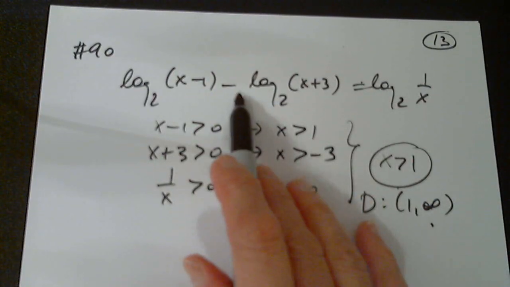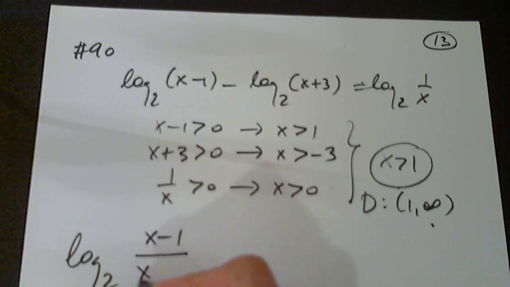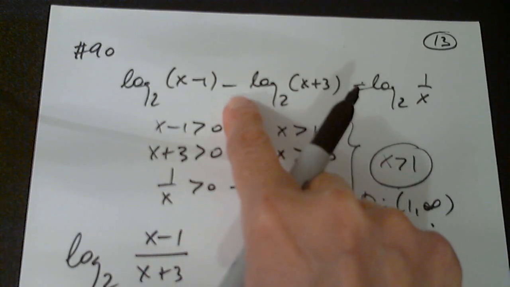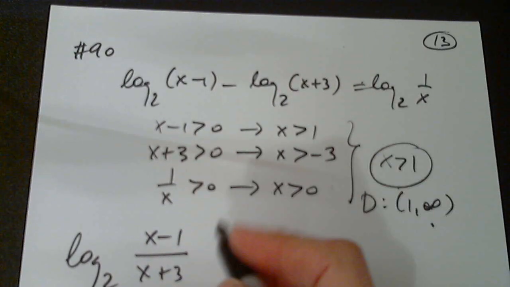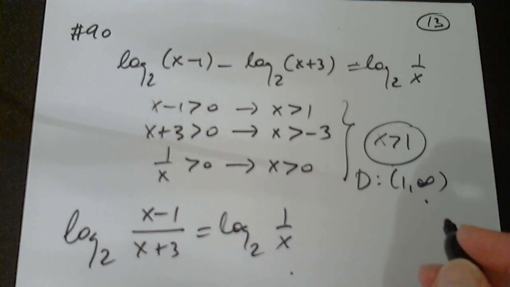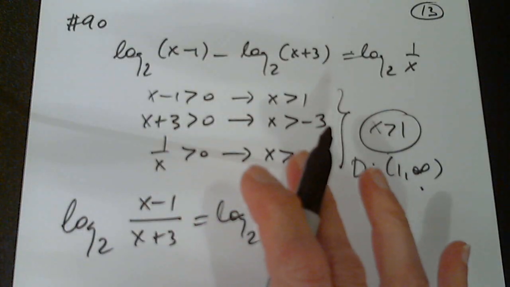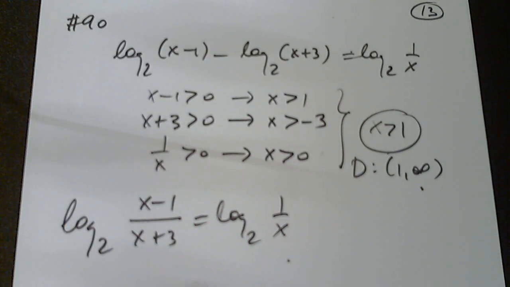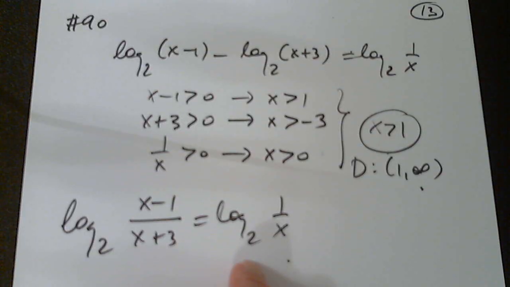Since it's a difference, I have log base 2 of (x - 1) over (x + 3). The one with the minus in front, its quantity is coming from the denominator. Equals log base 2 of 1 over x. I saw students are crossing out. No, we're not crossing out anything. We are thinking: two logs in the same base are equal.